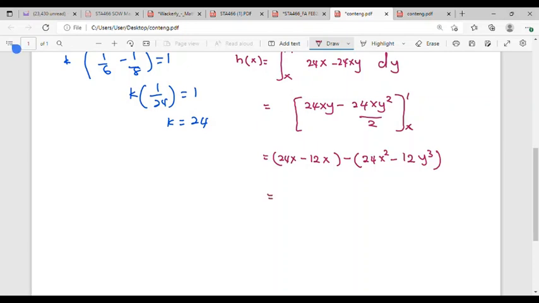So we should have 12x minus 24x squared, sorry, here should not be y3, because we replace x with y, so it is x.